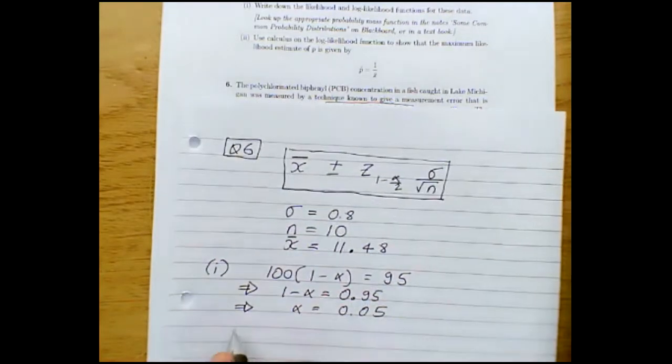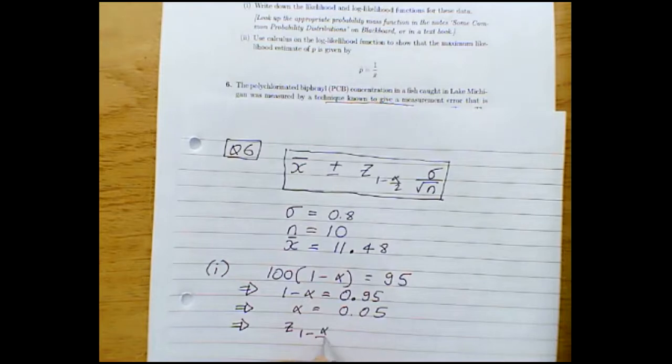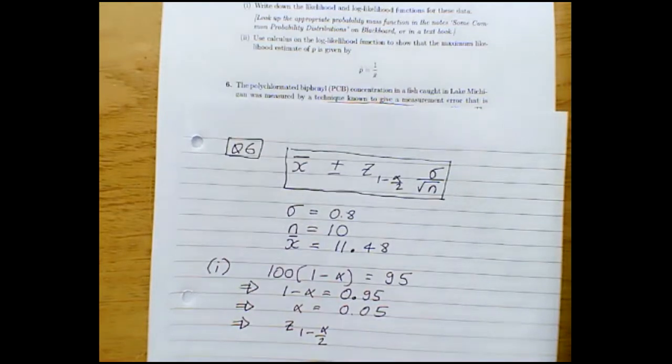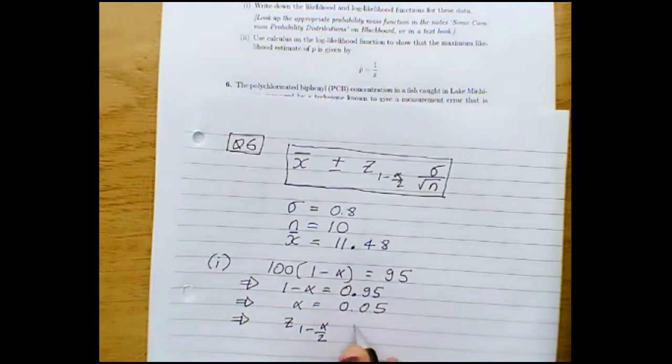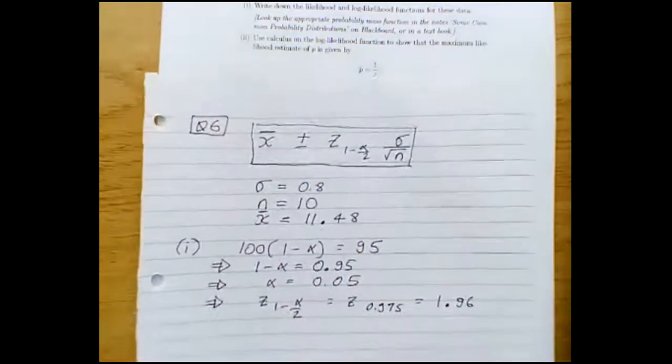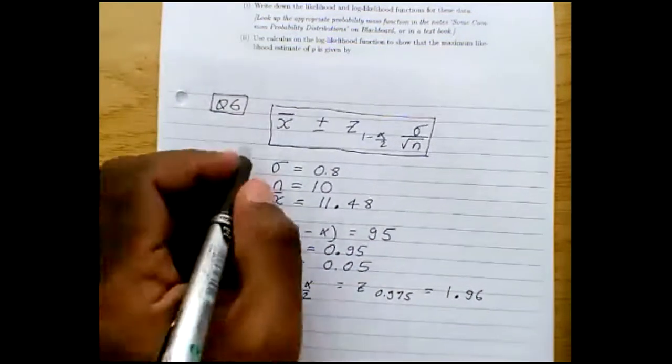This implies that Z at 1 minus alpha by 2, which is 0.975, is equal to 1.96.